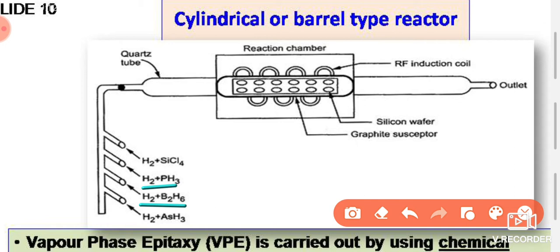To dope with arsenic, in this case for epitaxial growth, we can use arsine gas, that is, you can see in the figure, AsH3, and SiCl4, that is silicon tetrachloride, is the gas which consists of silicon atoms, and that is the main semiconductor atom we have to use for the epitaxial growth.